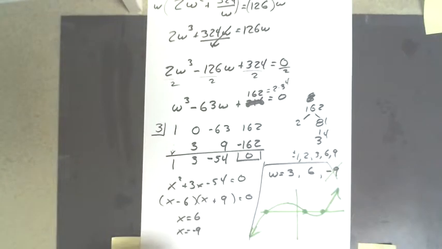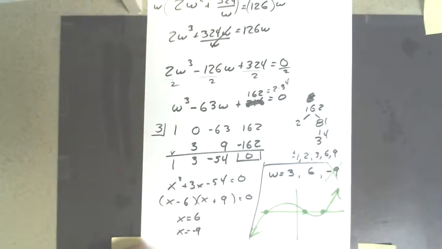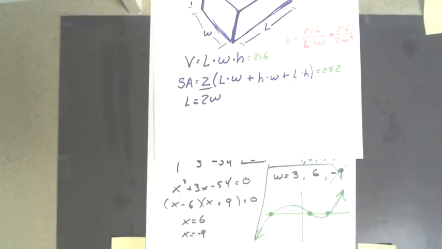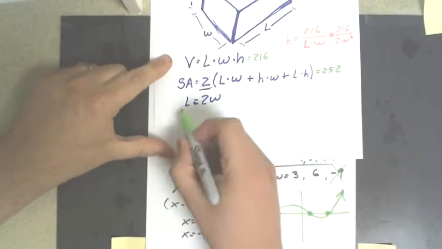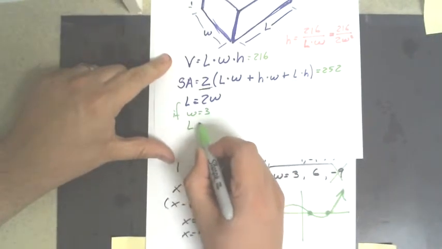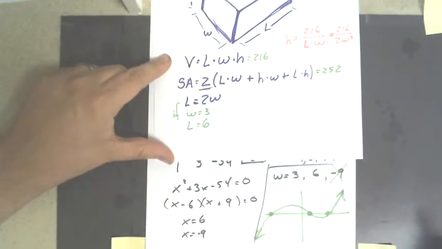So if we wanted to check and see what values we're going to get at 3 and 6, we can go back to our kind of control equations here. So if the width is 3, the length has to be 2 times 3. 2 times 3 is 6.